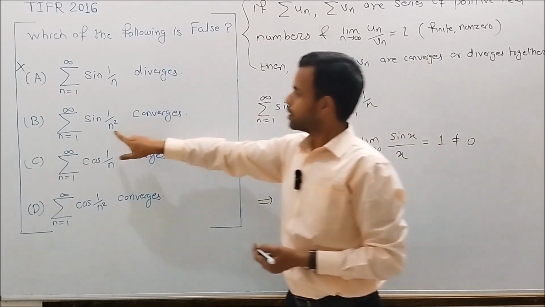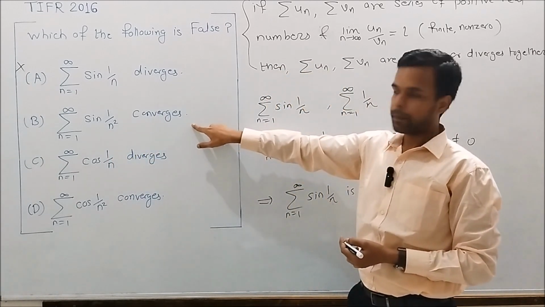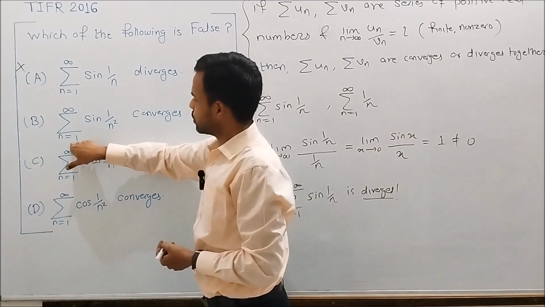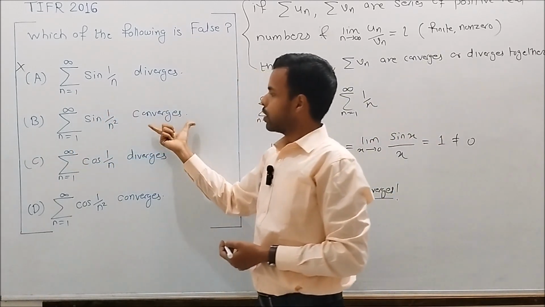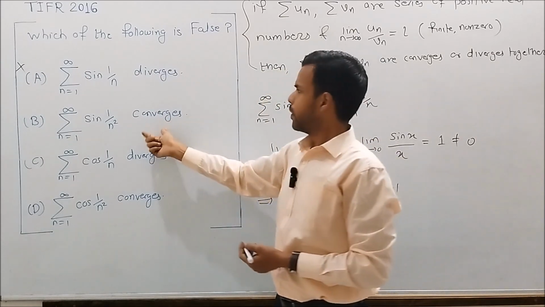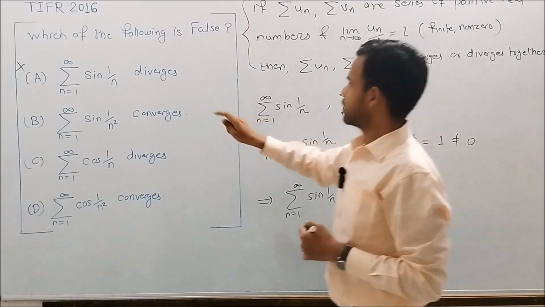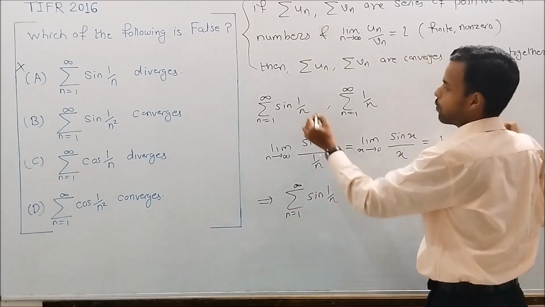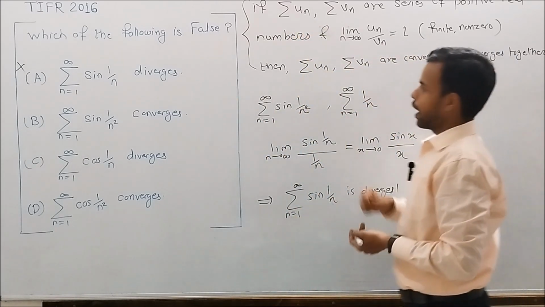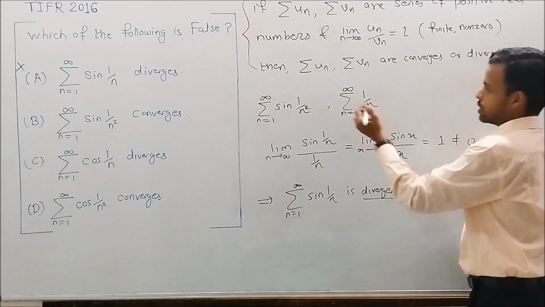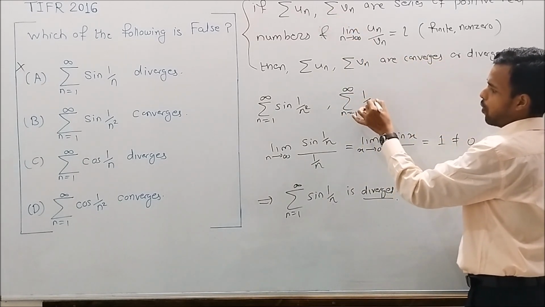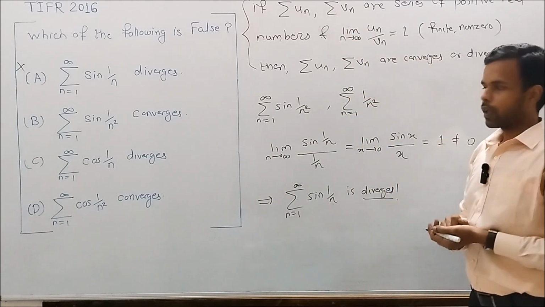Now let's verify the statement in option B: the summation of sine of 1 upon n square converges. We will use the same limit comparison test. This time we consider un as sine of 1 upon n square and vn as 1 upon n square.